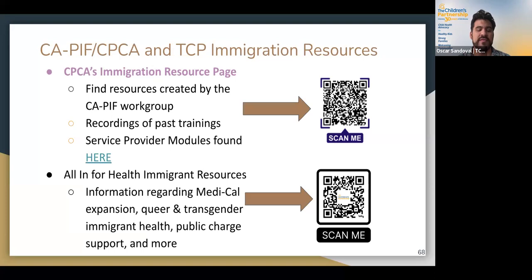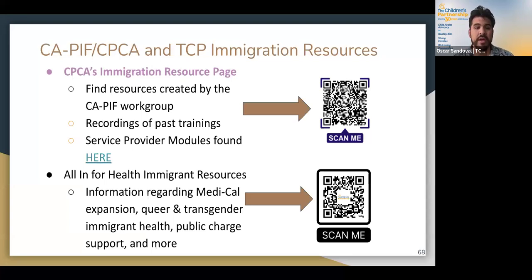We've developed quite a variety of materials around webinars, recordings of past trainings, and service provider modules, and we've compiled them on one site. It's on the California Primary Care Association's website. There's a QR code on the top right corner that you can scan. It'll take you to the resources that our work group has created over the years.